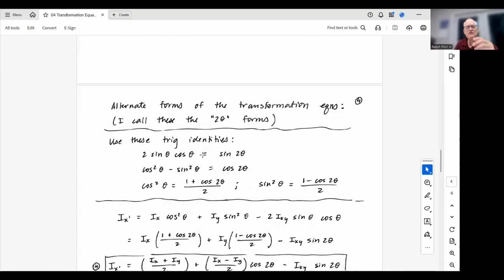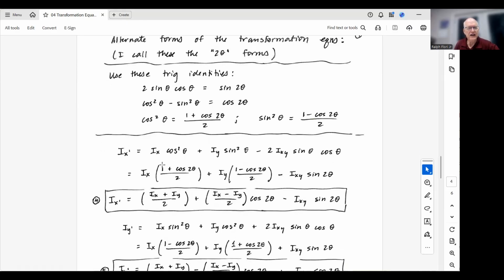So you can actually develop another set of transformation equations, which are basically the same equations, by using these double angle trig identities to replace the theta versions with 2 theta versions. And so if you start with the Ix prime equation, which has cosine squared, sine theta cosine theta, you can replace the cosine squared with 1 plus cosine 2 theta over 2, the sine squared with 1 minus cosine 2 theta over 2, and then the 2 sine theta cosine theta, you can replace with sine of 2 theta.